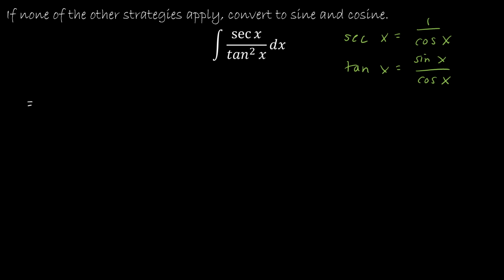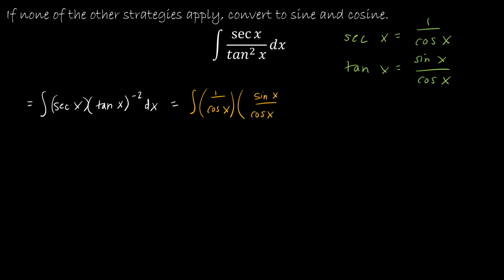So my integral as it stands is the secant of x multiplied by tangent of x to the negative second power, dx. And so I'm going to replace secant with 1 over cosine, and I'm going to replace tangent with sine over cosine, and then to the negative second dx.